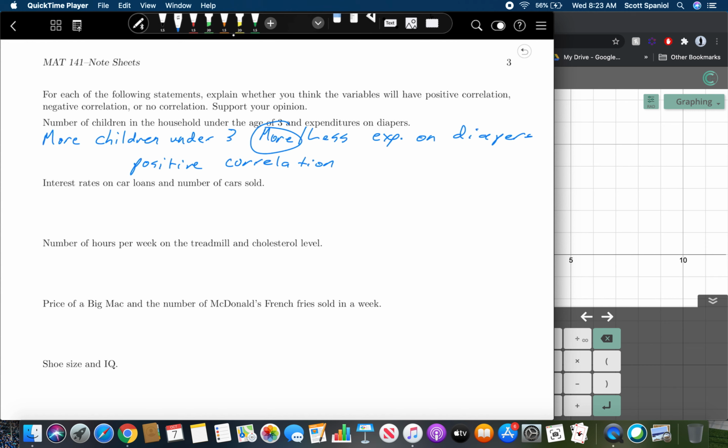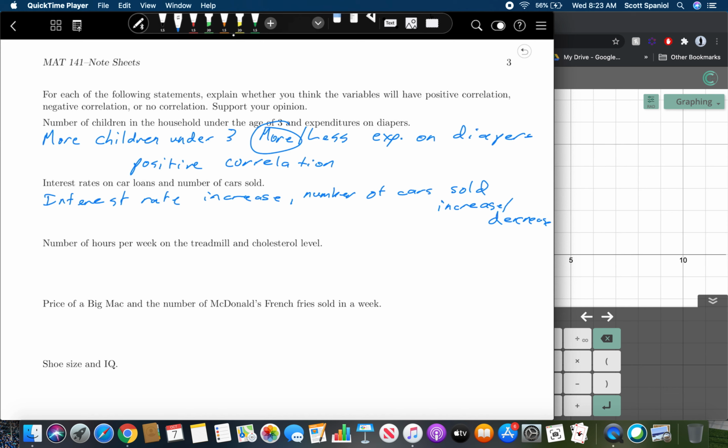So the second one says interest rates on car loans and number of cars sold. So if the interest rate increases, is the number of cars sold going to increase as well, or would it decrease, or is it impossible to tell?